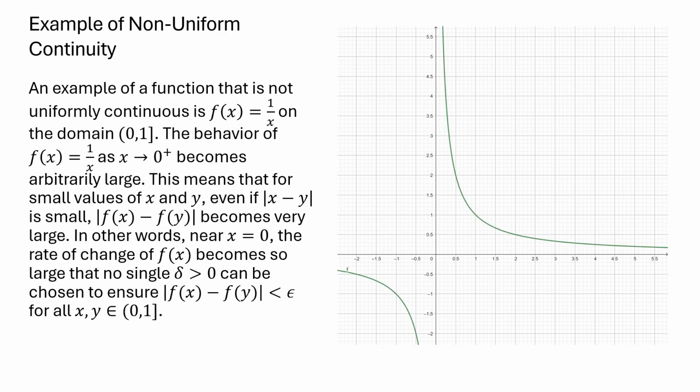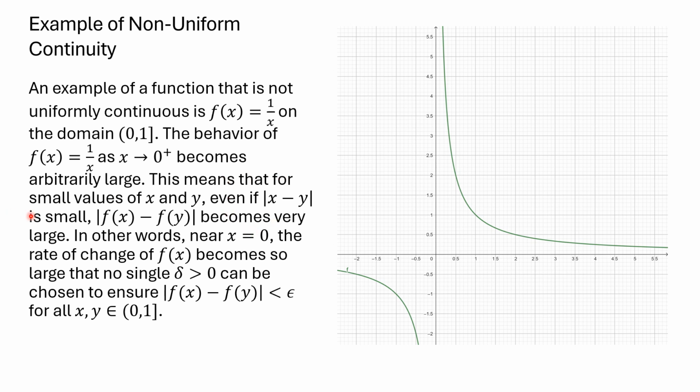On this slide, we have an example of a function which is not uniformly continuous. Look at the function 1 over x from just past 0, not including 0, to 1, including 1. The problem we run into is that this goes off to infinity as you approach 0.